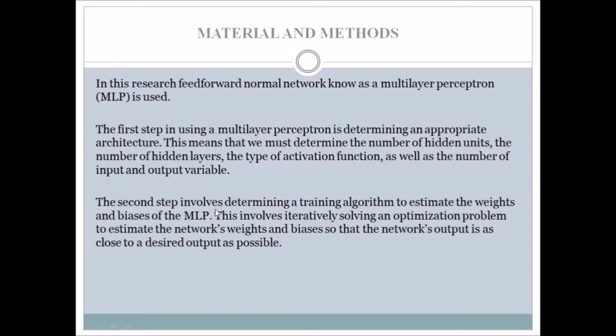The second step involves determining a training algorithm to estimate the weights and biases of the MLP, which is the multilayer perceptron. This involves iteratively solving an optimization problem to estimate the network's weights and biases so that the network output is as close to the desired output as possible.